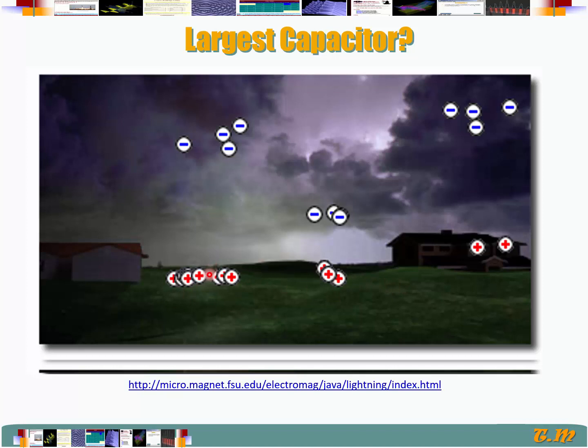So as they do that, that will make the surface of the Earth, just below the clouds, positively charged. So then we have a positive charge on one side, a negative charge on another side, and that's a huge capacitor.